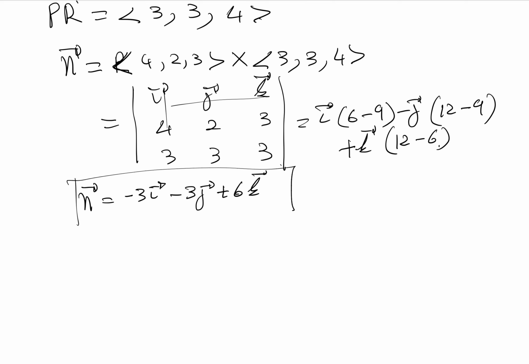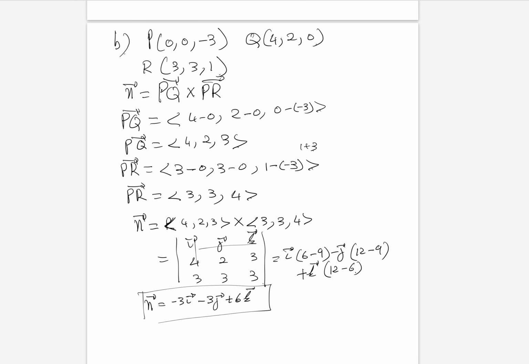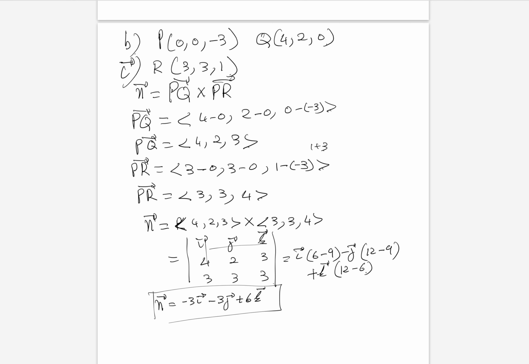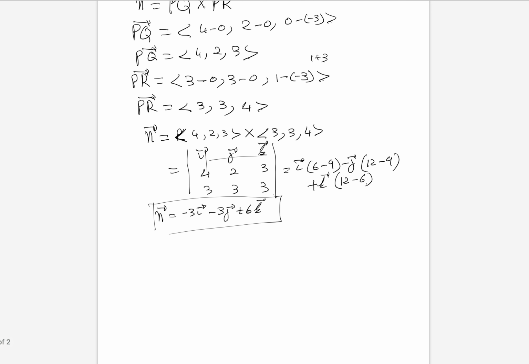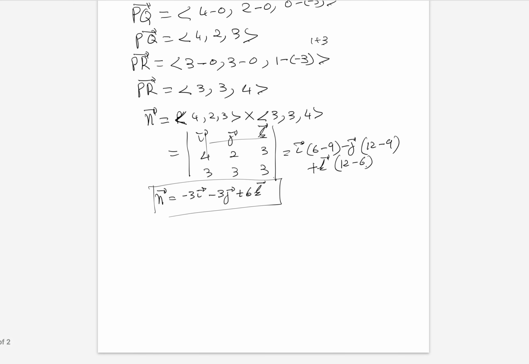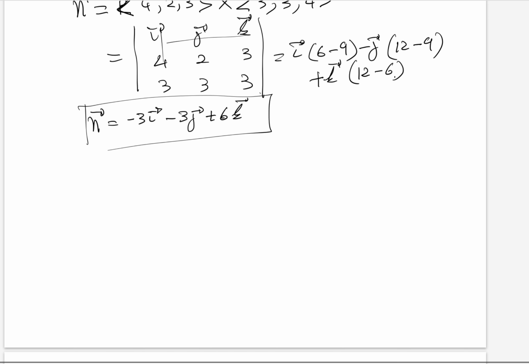So that's the normal vector. Okay, that's the question they ask you for i. So now let's do the second one, which is to find the area of the triangle for the B.